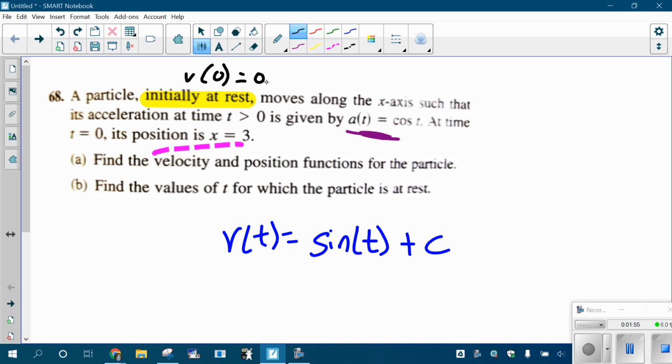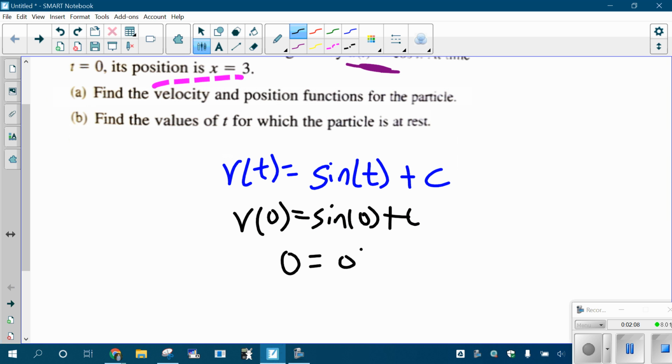Initially at rest, meaning the initial velocity is 0. So if v of 0 is supposed to equal 0, then when you plug in 0 for t, you're supposed to get out 0, meaning c is actually 0. So your velocity function is actually just sine of t.